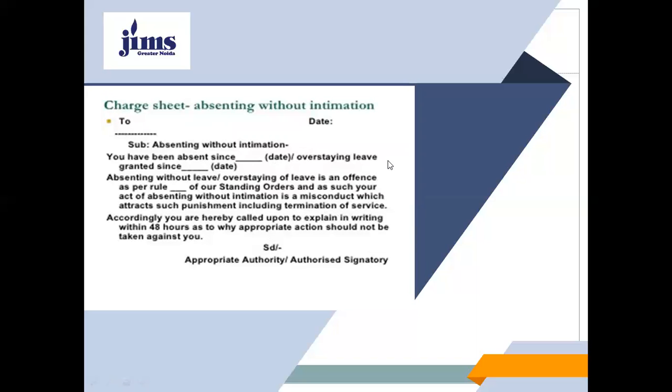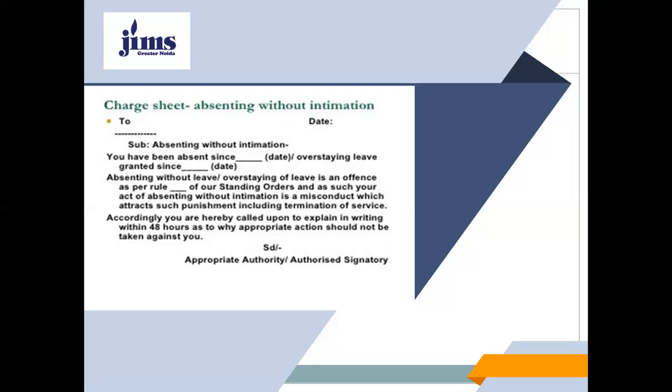Then charge sheet: absenting without intimation. So again, you will mention to whom you are addressing this charge sheet, the full name of the employee, the designation, department, everything.